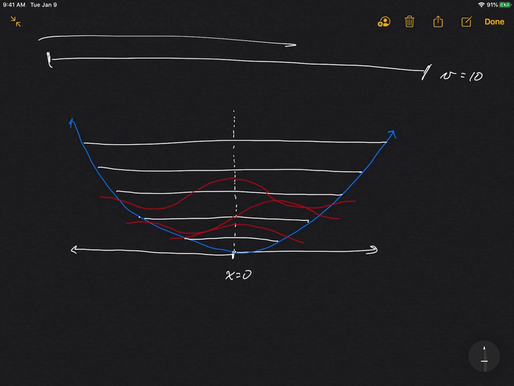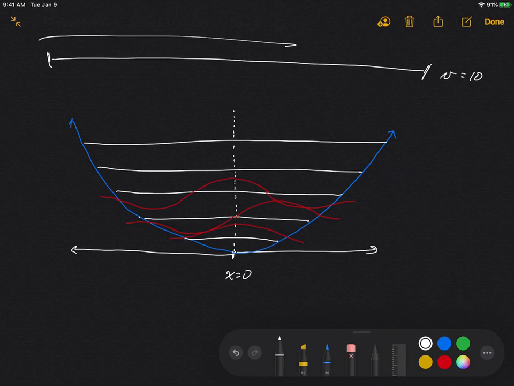Now the number of nodes, the number of zeros where the wave function passes through 0, is going to reflect the quantum number. Usually they're within 1 or so of each other.